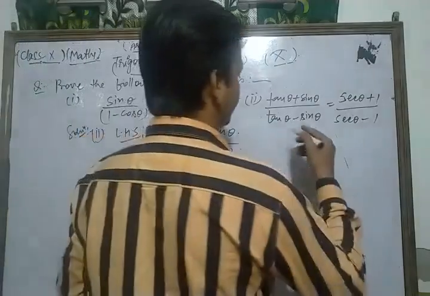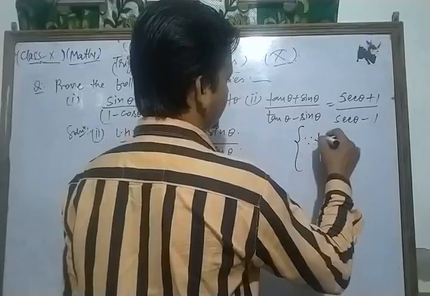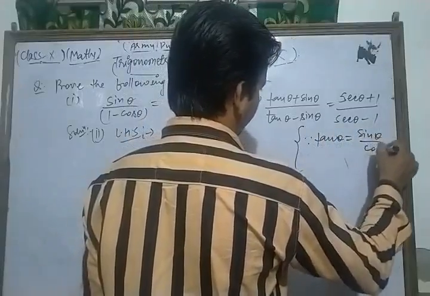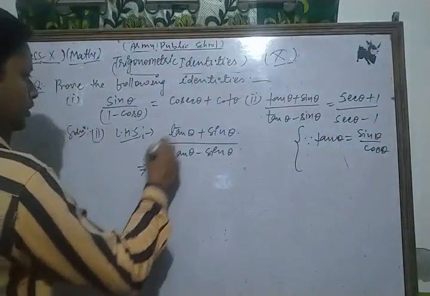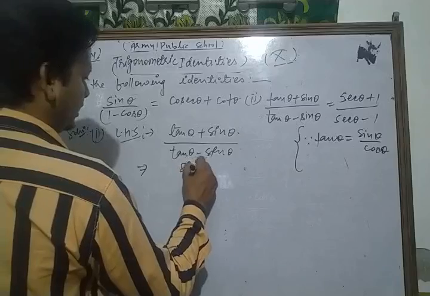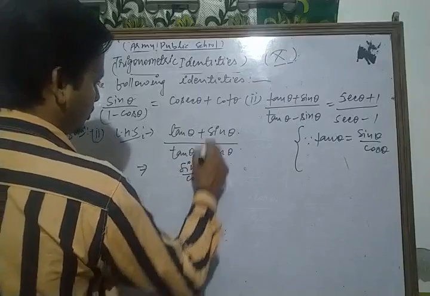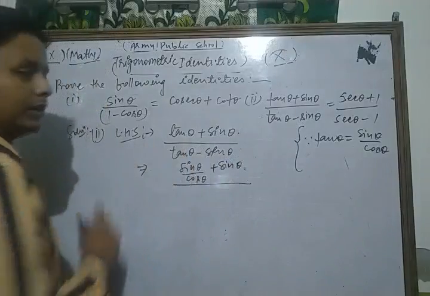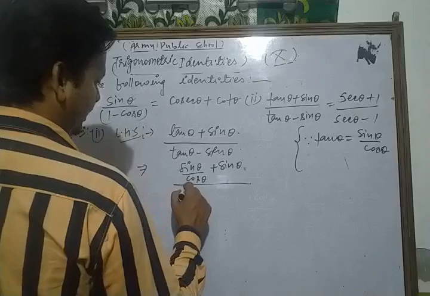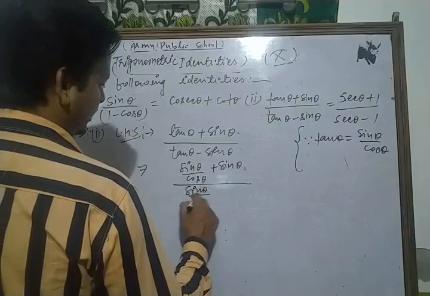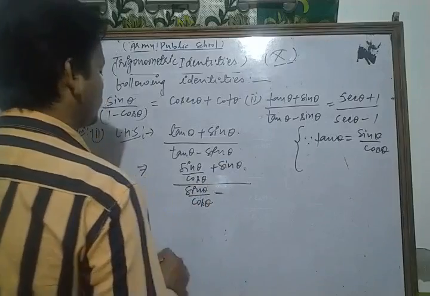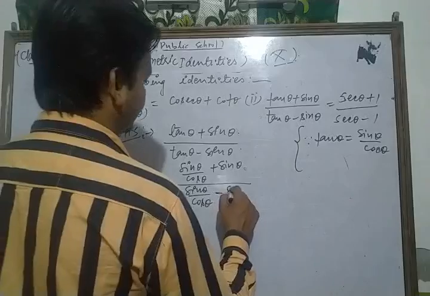You know that tan theta is equal to sin theta upon cos theta. So here we put that value: sin theta upon cos theta plus sin theta, write as it is. And in the denominator we write sin theta upon cos theta minus sin theta, write as it is.